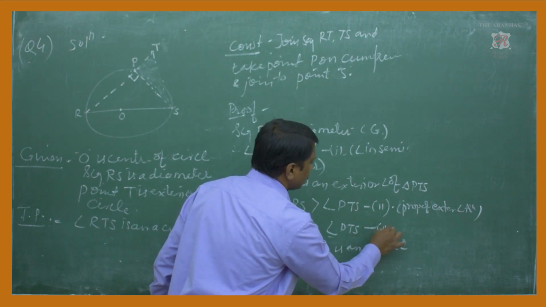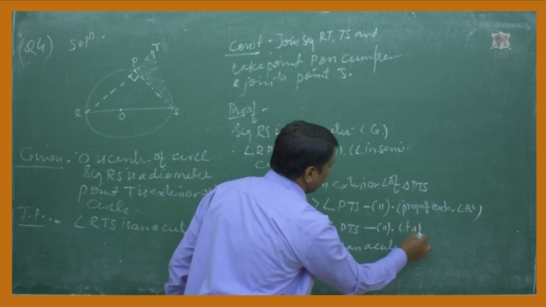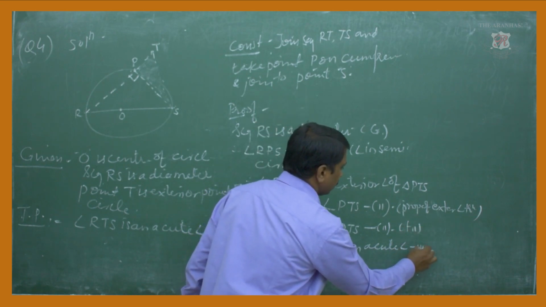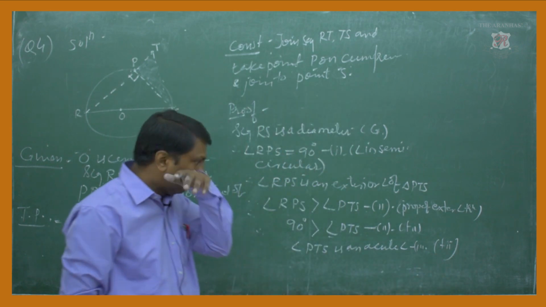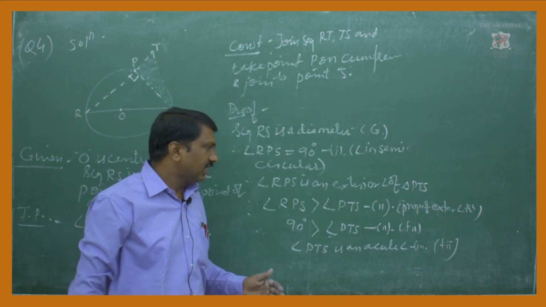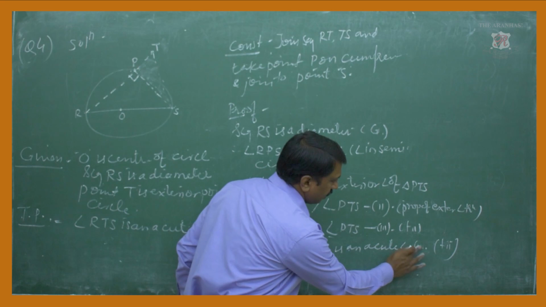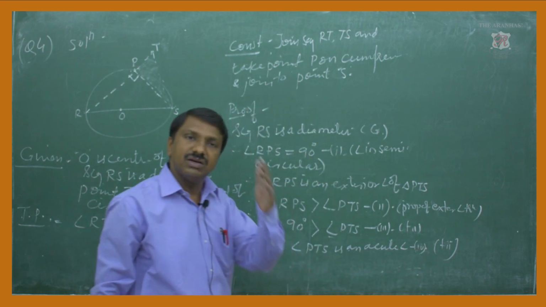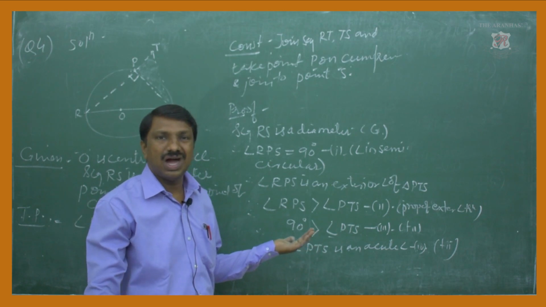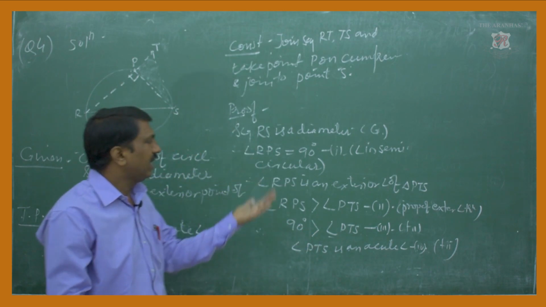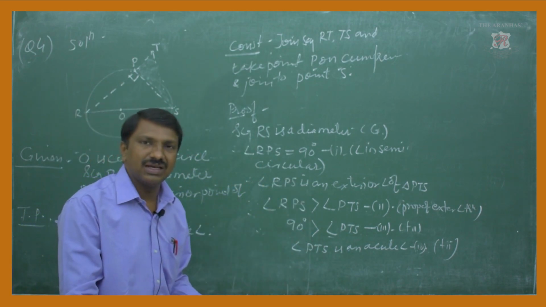This is the third one, which comes from the second, and here it is the fourth one. What we realize: first we showed the angle in a semicircular arc, which is a right angle. The next one we applied was the exterior angle concept.